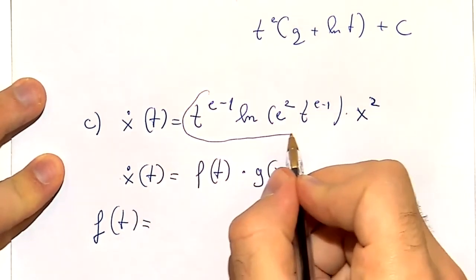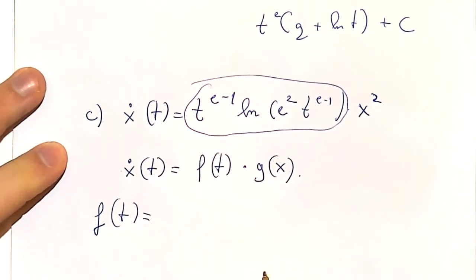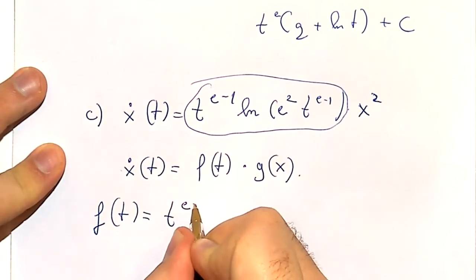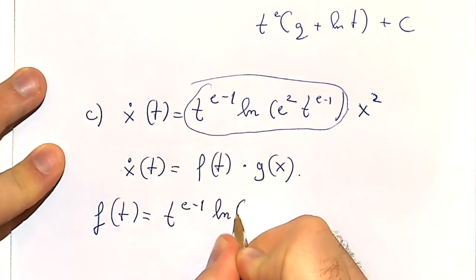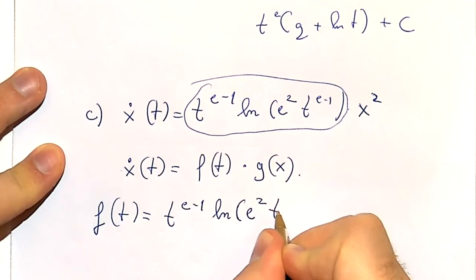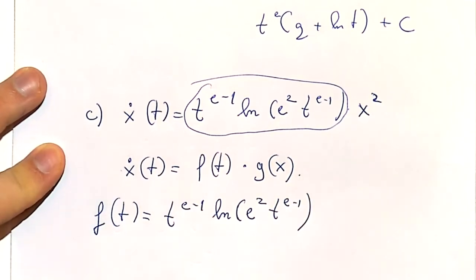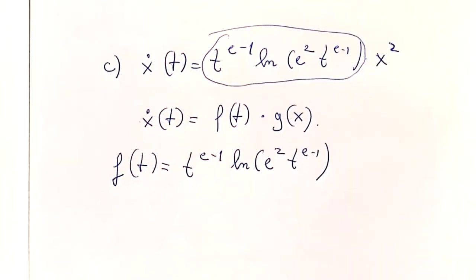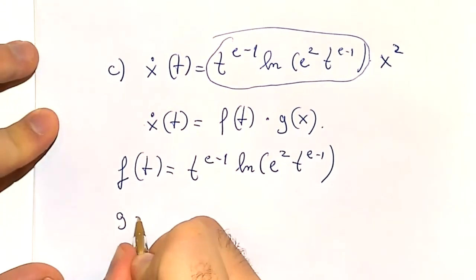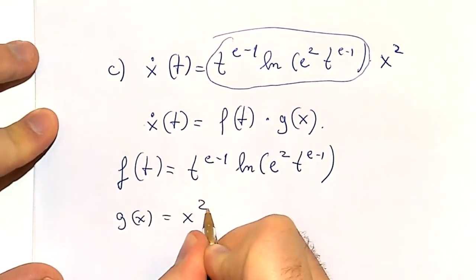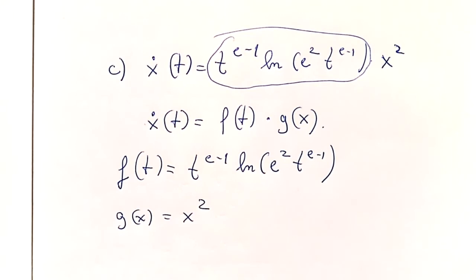So this whole thing has a t in it: t^(e-1) log(e^(t^e)). And my g of x is equal to x squared. Cool. I just basically did the simplest thing I can.